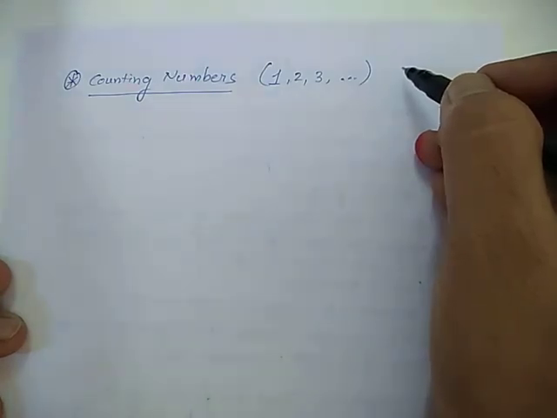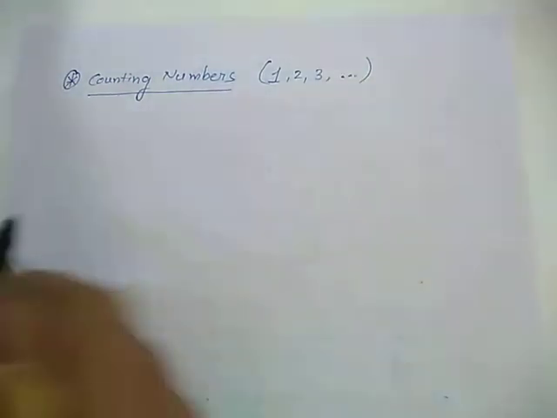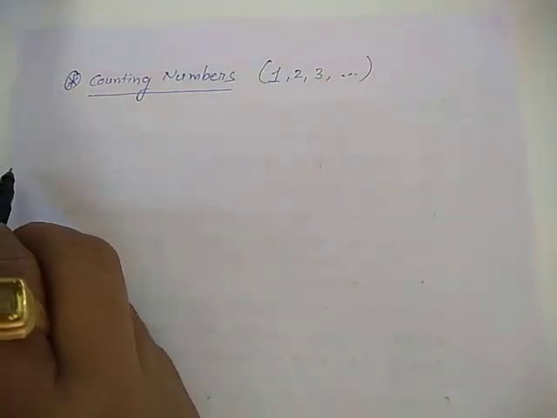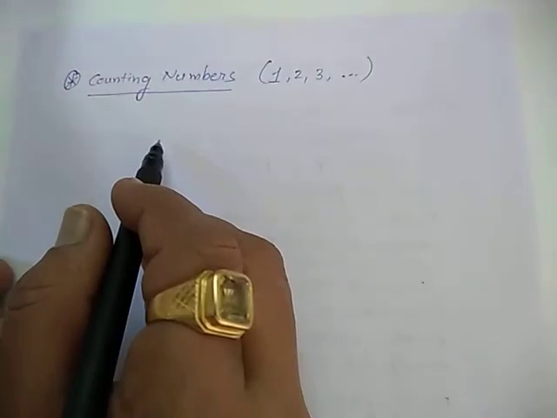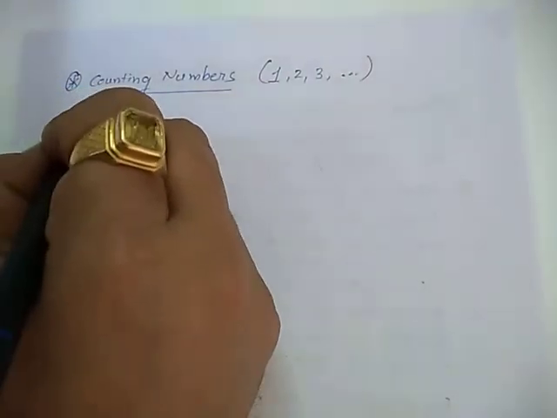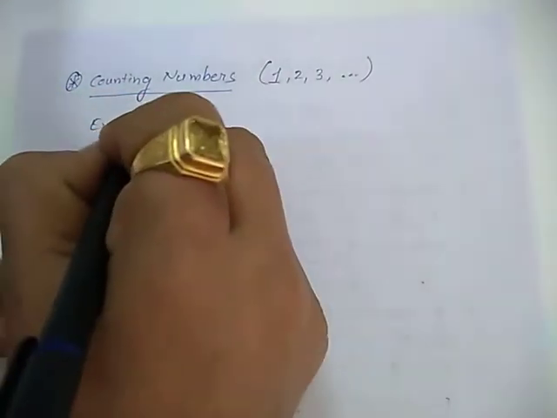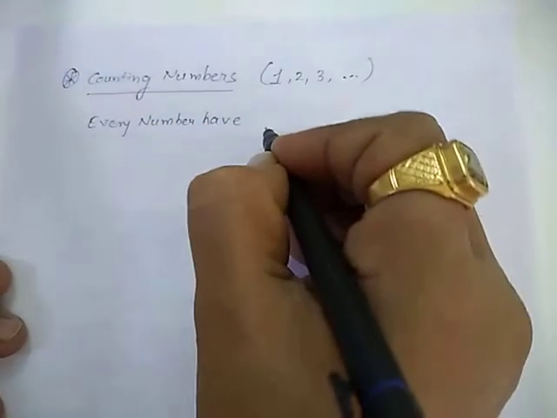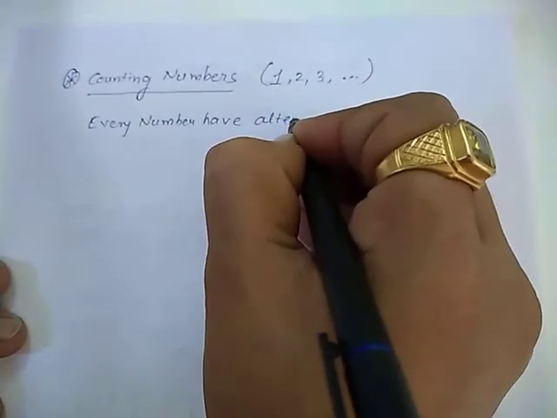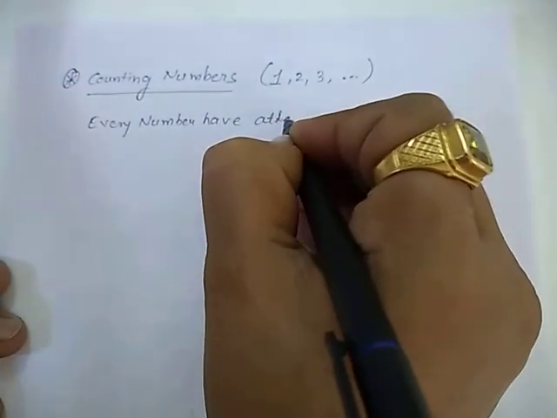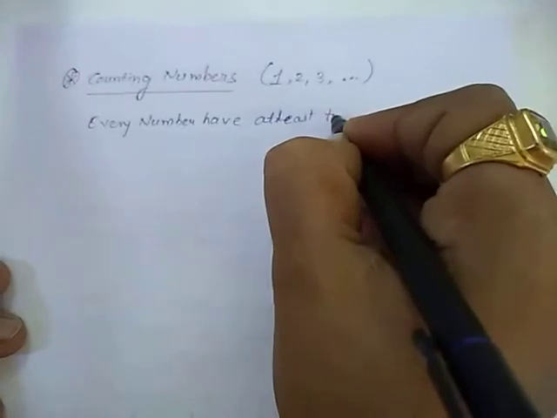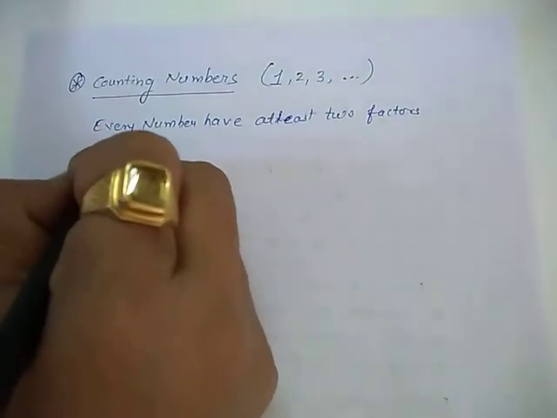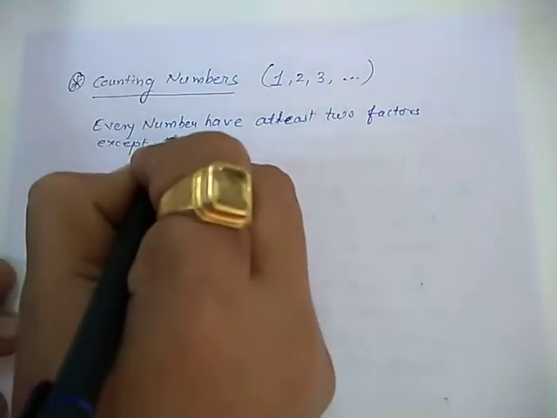Now, the numbers are given to us and we have to find the factors of it. So, every number has at least two factors except one.